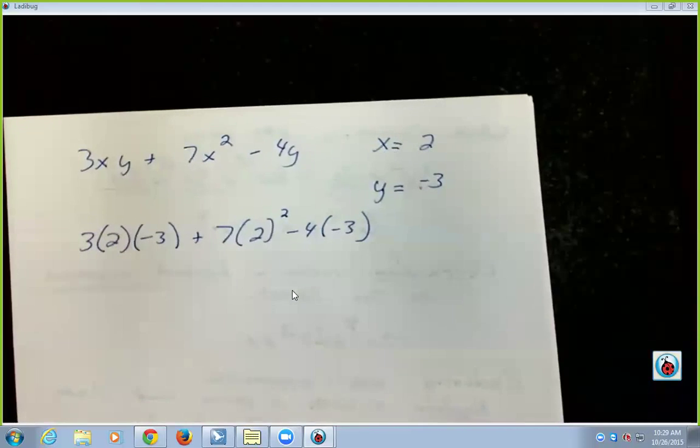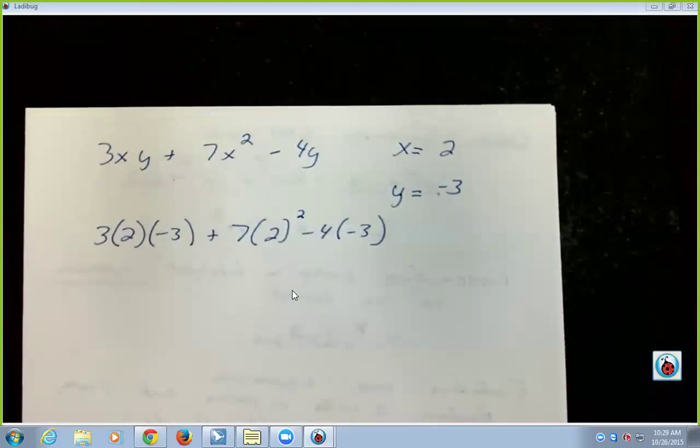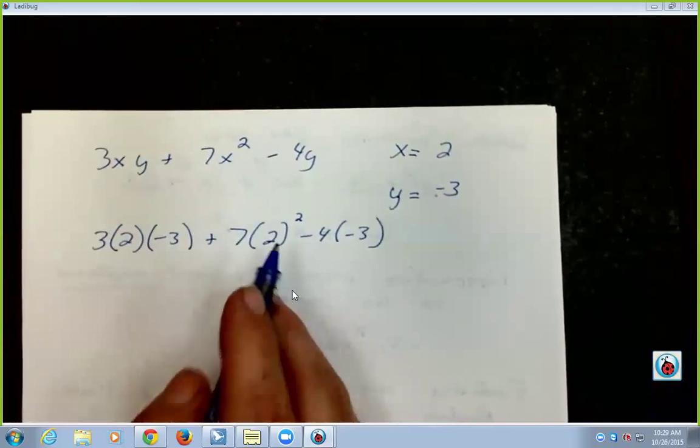So what are we going to end up with for an answer? Again, order of operations is really important in there. So you want to make sure that you look at that piece and work it out based on order of operations. So that means I got to do my square first.